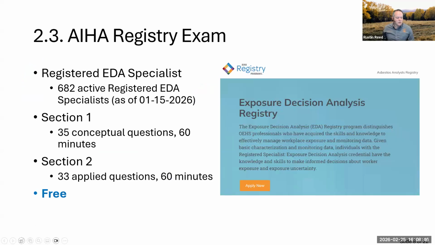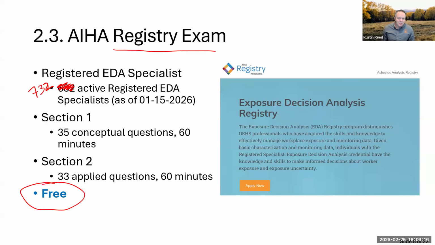They also have this registry exam. Larry Sloan, the CEO of AIHA, presented to our department today at Tulane, the Environmental Health Sciences Department, and shared that the number in the registry is in the 700s. It's something like 732, as of today. He had checked the registry, but there is an exam that you can take for free with AIHA.